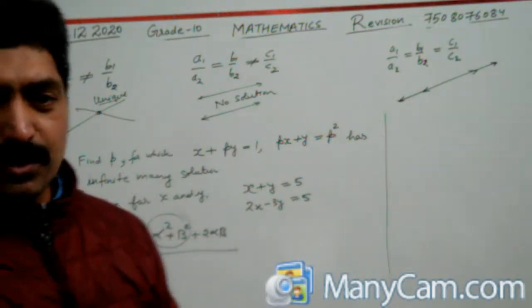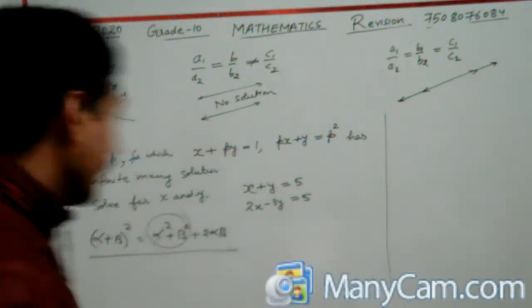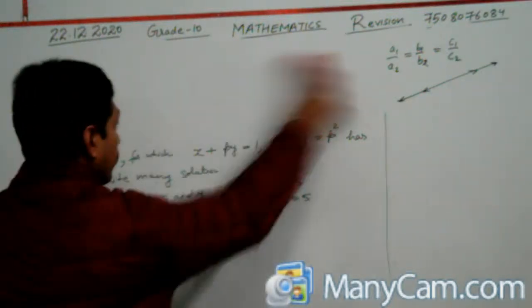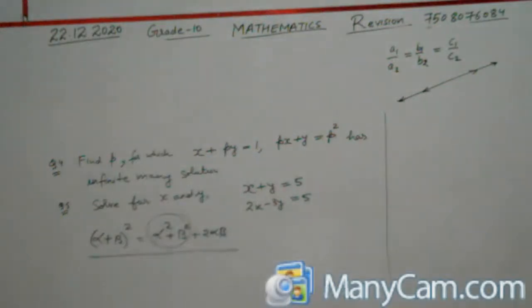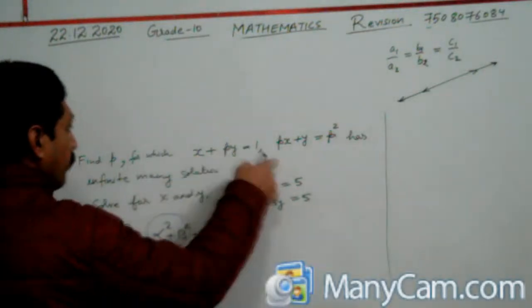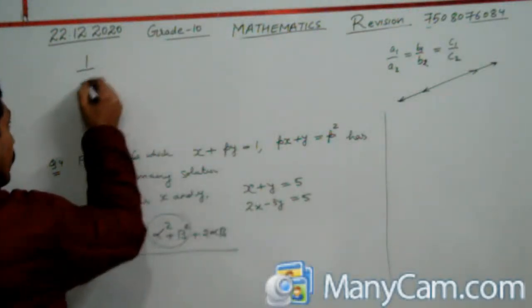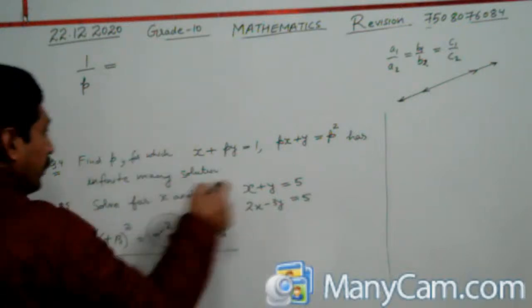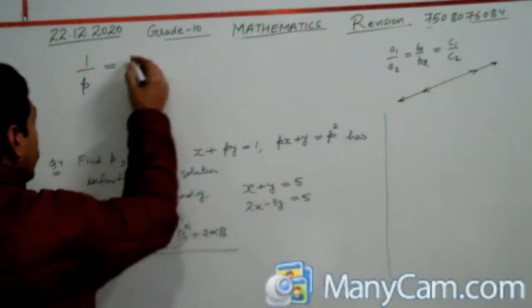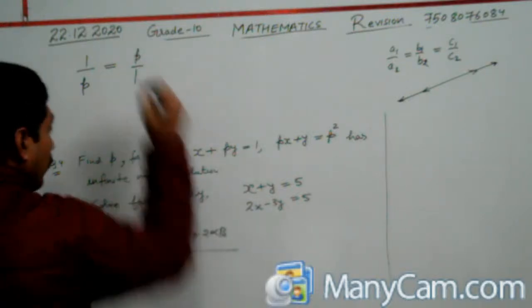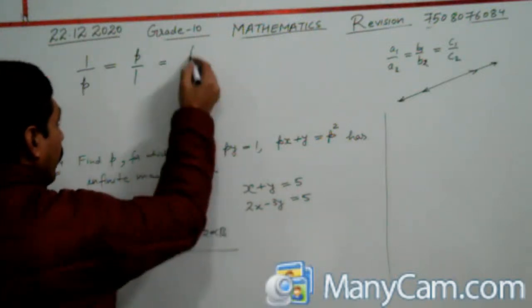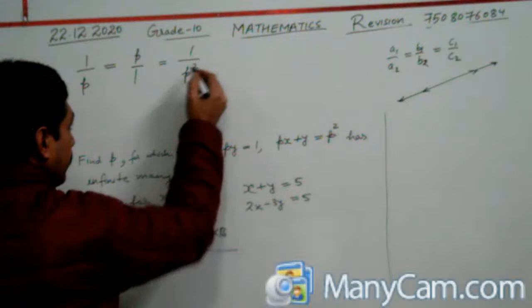So Parul got the value p is equal to 1. Let's check. Here, for the first equation, the x variable coefficient 1 upon p is equal to p upon 1 is equal to 1 upon p square.